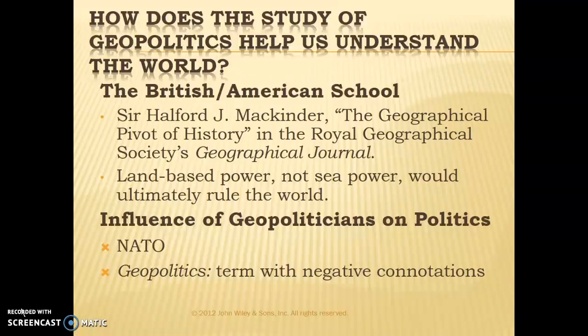And Mackinder's arguing that dominance on the seas isn't enough. It's got to be somebody who's dominating the land. Specifically, he looks at what he calls the heartland. The heartland is that middle area of Europe, their breadbasket, right around Ukraine, where if you can control that, then you can control access to a lot of the resources and the food.